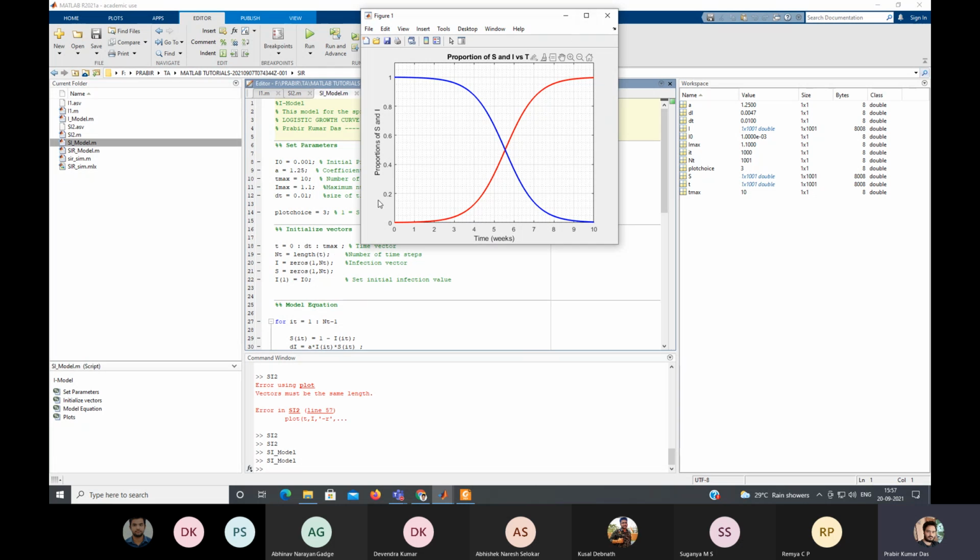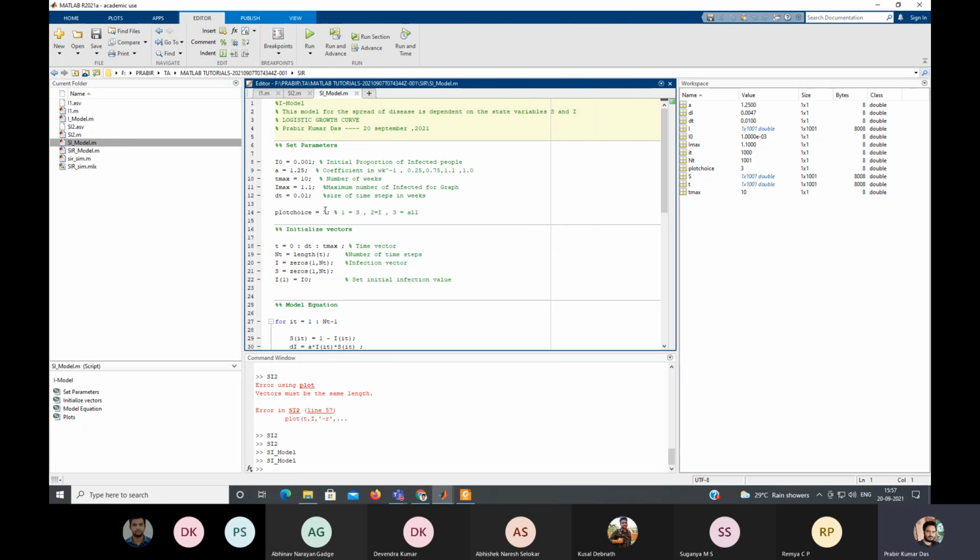there may be some parameter values we have to change. If we see, the I0 parameter value is 0.0001, A value is 1.25. These are some standard values for making this plot. T max is 10, so 10 is the number of weeks, I max we just reduced to 1.1, and DT is 0.01.